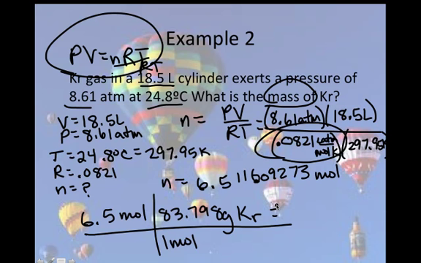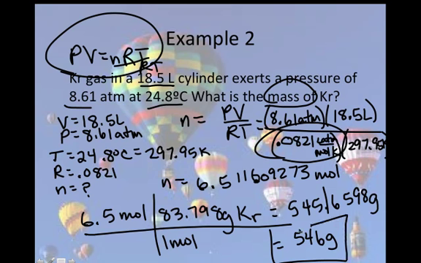So in my calculator, I'm going to take what I had and multiply it by 83.798 grams, and I get 545.6598. You know, we got all this calculator vomit. Let's round to, let's see, it looks like 3 sig figs again. So 546 grams of krypton, of course. There we go.